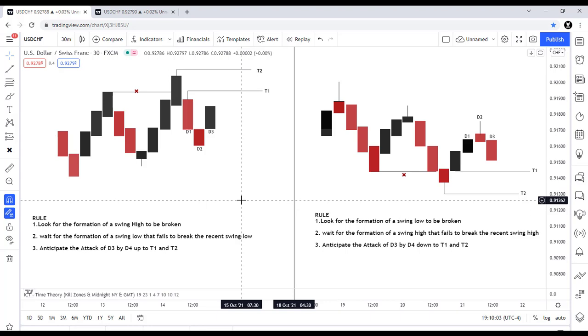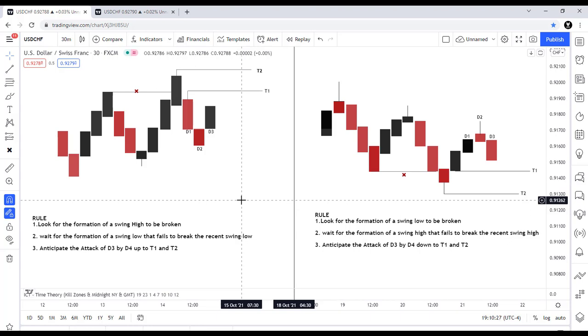So that's the point of this. You'd be able to filter these out and work with the most probable ones. That's the essence of this video. It's not in any way going to make this 100% for you, but you need to put in the time, you need to put in the effort, and you need to put in the screen time. There's no alternative to that.